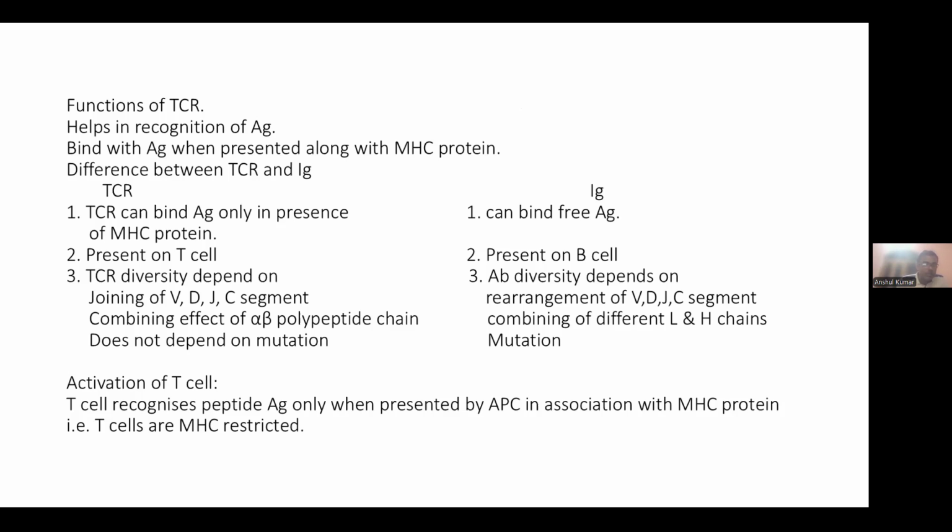Whereas immunoglobulin is present on B cells, and they are also produced and secreted by plasma cells. Antibody diversity depends on rearrangement of V, D, J, and C segments, and on combining of different light and heavy chains, whereas in T cells alpha and beta polypeptide chains are present.